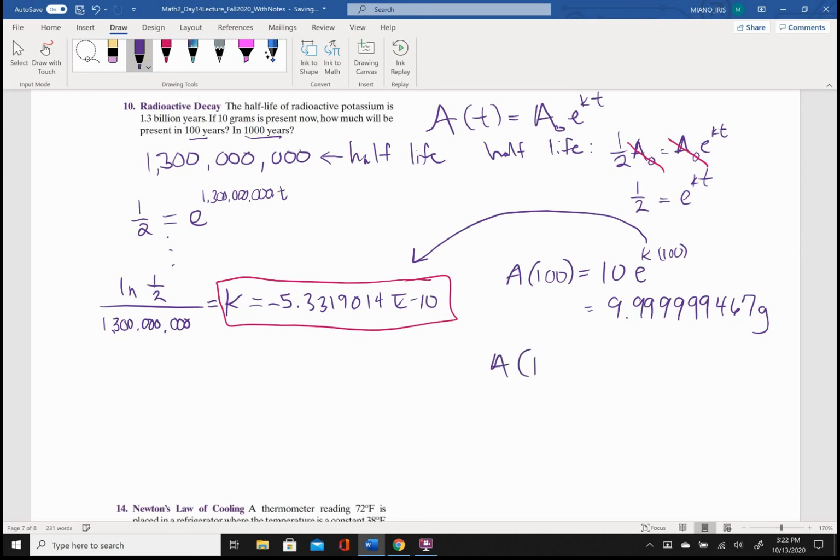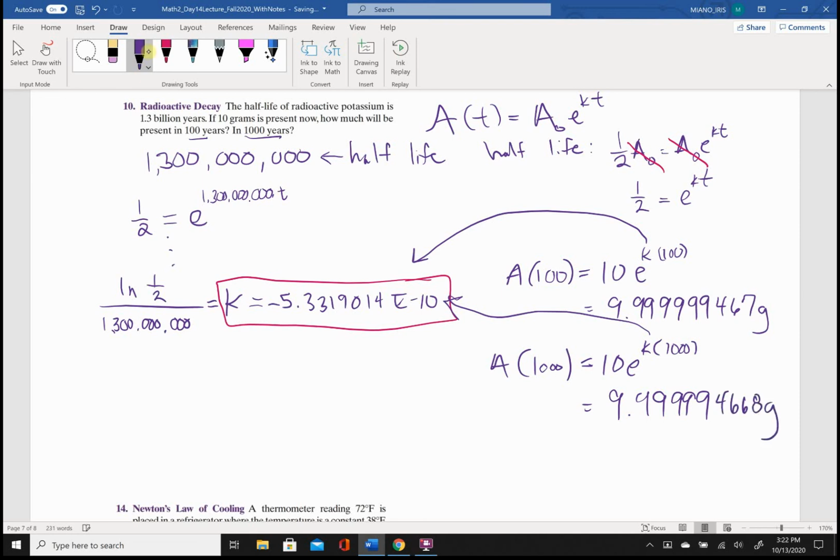How much is left after 1,000 years? Well, this formula right here will give you the answer. Remember, k again is going to be this ridiculously small but many-digited number, and if you're careful about typing into your calculator, it'll be only 5 nines this time, a little bit less: 9.9999467 grams.